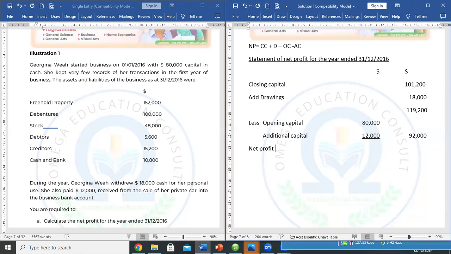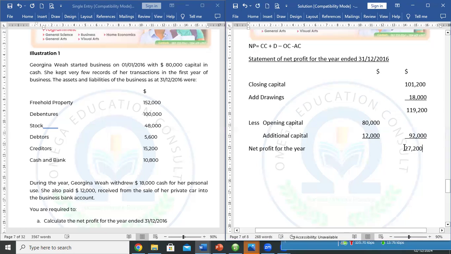So altogether, our net profit for the year will be equal to 119,200 minus 92,000. That will give us a net profit of 27,200.